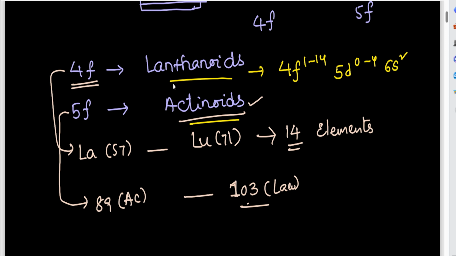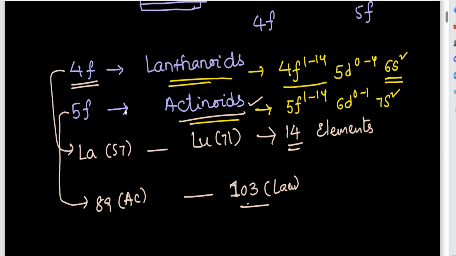Which means in the lanthanoids, the electrons enter into 4f from 1 to 14, 5d 0 to 4 and 6s2. Whereas in the actinoids, the differentiating electron enters into 5f1 to 14, 6d0 to 1 and 7s2. So these are the general electronic configurations for the lanthanoids and actinoids, or 4F series and 5F series.